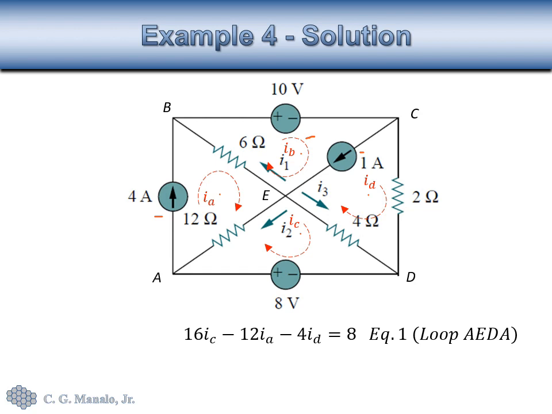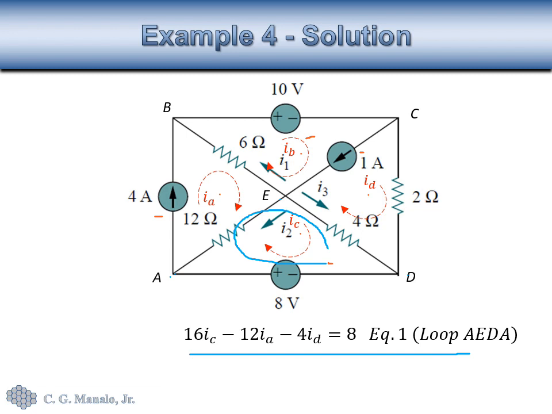So the remaining loop where we can write a KVL equation is this loop, since it does not contain any current source. Writing the KVL equations, that should give us this equation. So that is for loop AEDA.